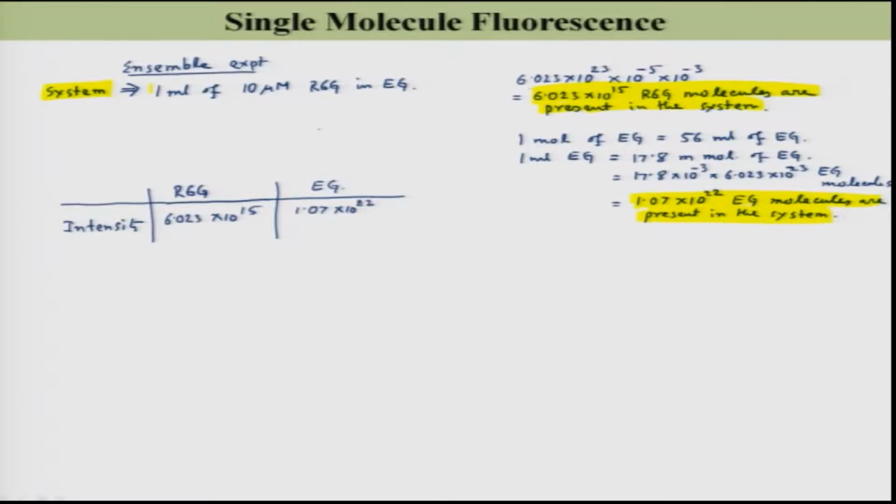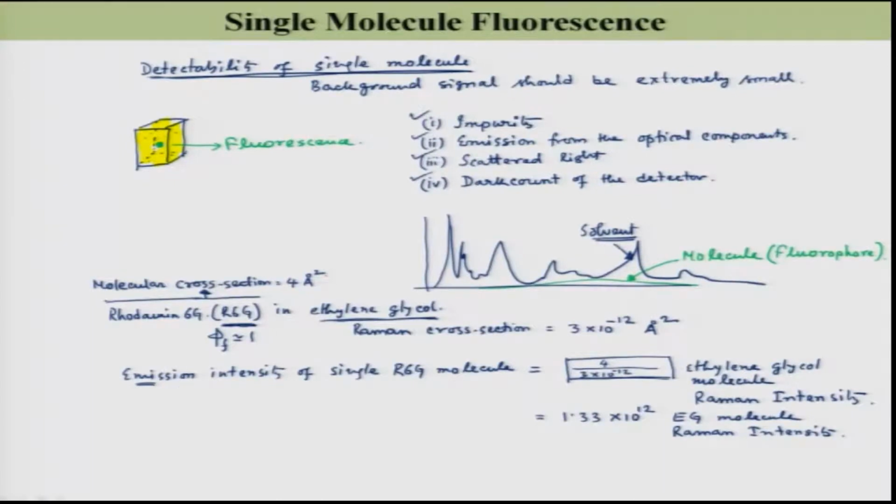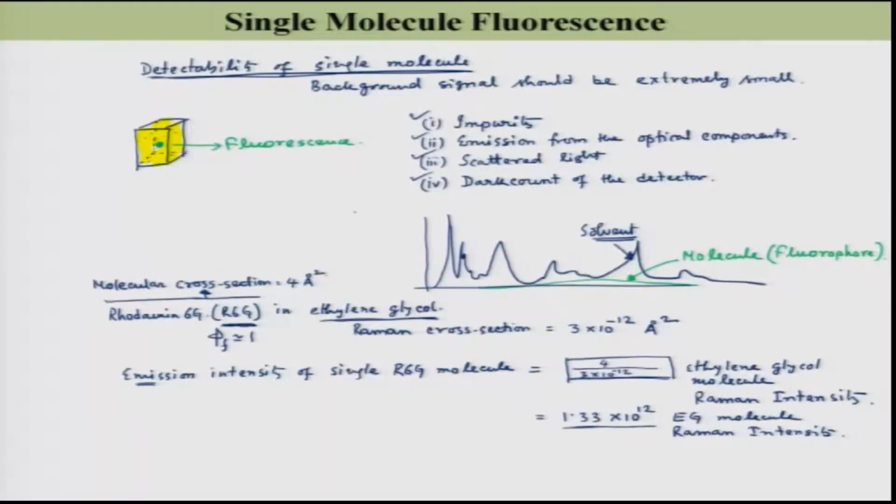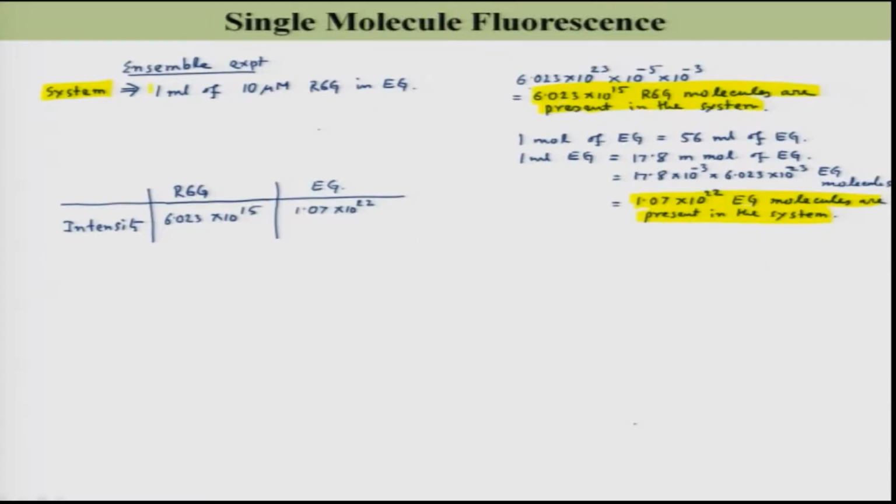EG molecules present, and I have seen in my previous, see here, the emission intensity of a single rhodamine 6G molecule means 1.33 into 10 to the power 12 EG molecules, right. So, I should divide this number by 1.33 into 10 to the power 12, that means it will be comparable to 1 rhodamine 6G molecule, right.